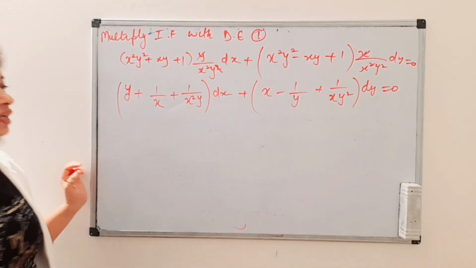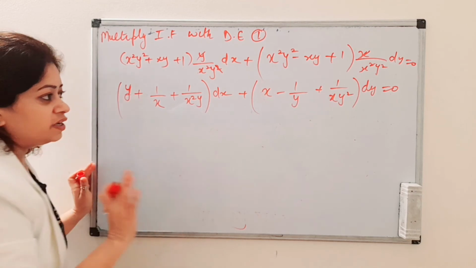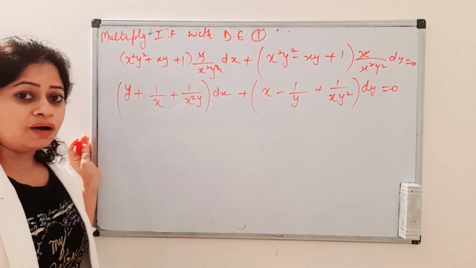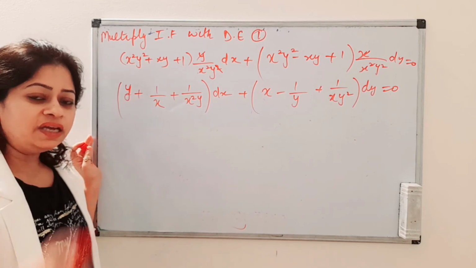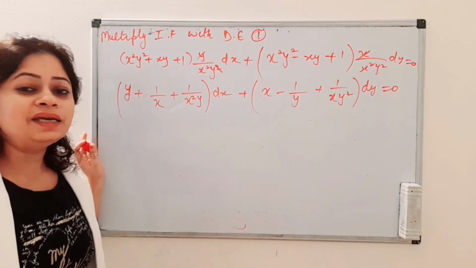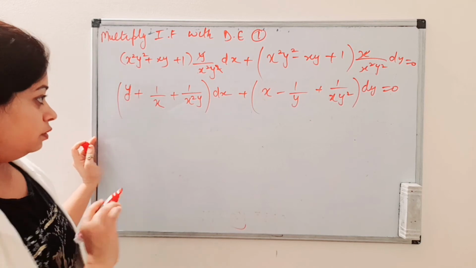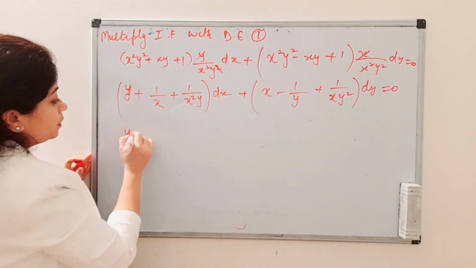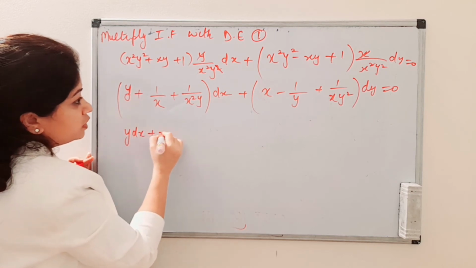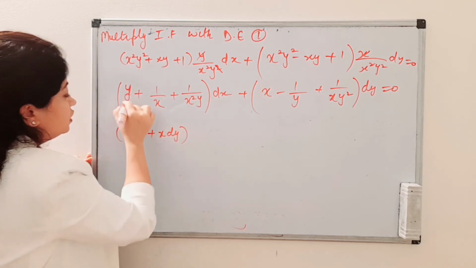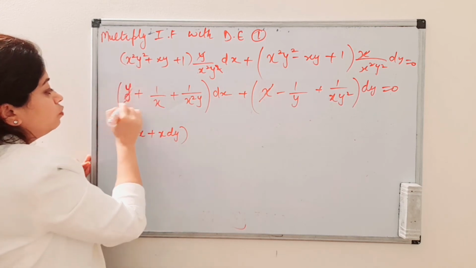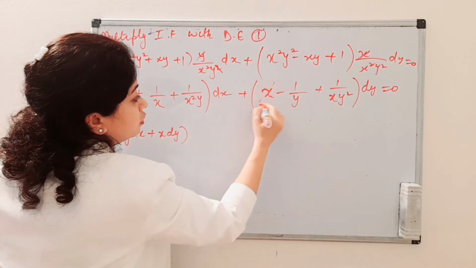So now we will check how can we solve it. This is exact, so we can solve it like that also. How do we solve such differential equations? M dx plus terms in N not containing x dy equal to c. At the same time, we can rearrange it also. We can write y dx plus x dy, taking this term and this term.